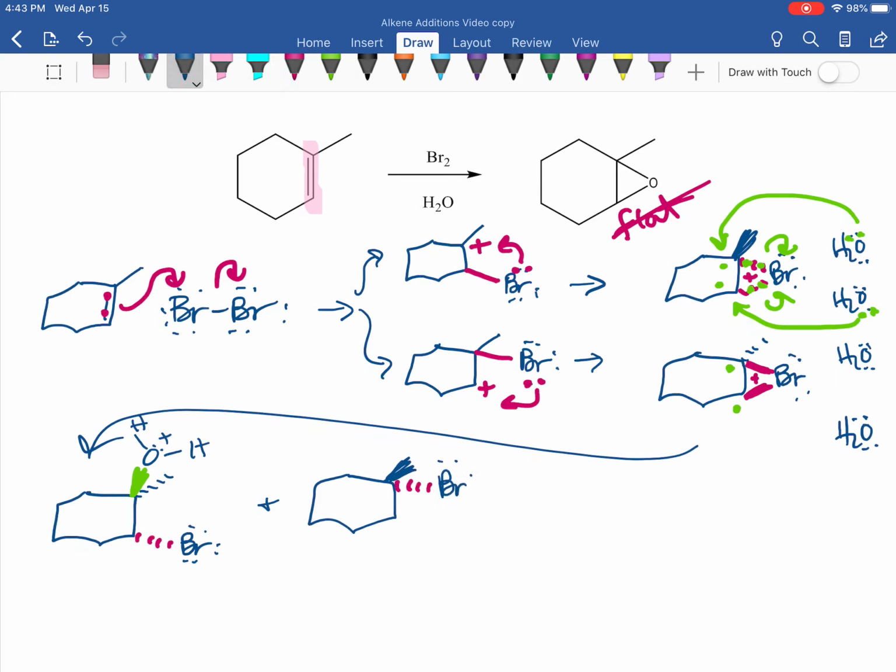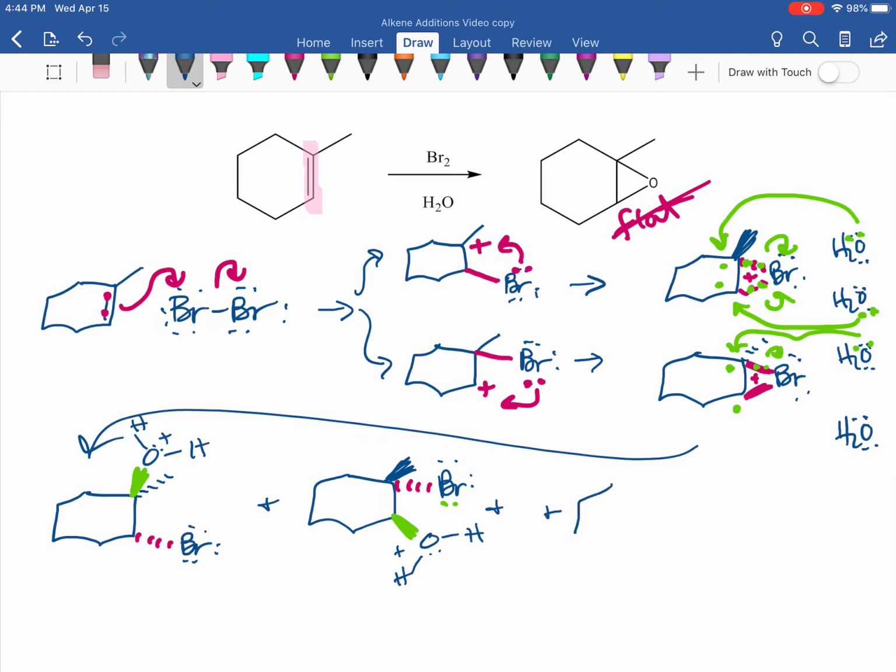So let's do this. Bromine. We got electrons back from here, okay? And then we've got water adding in on the top there. Plus charge, okay? Awesome.